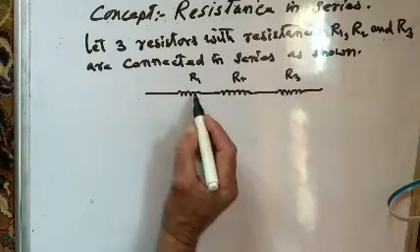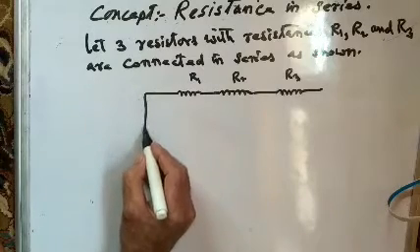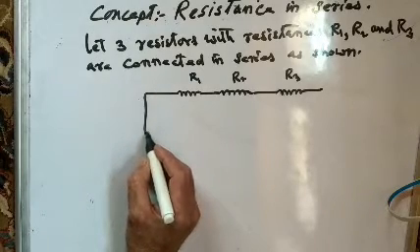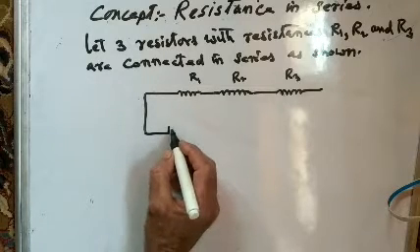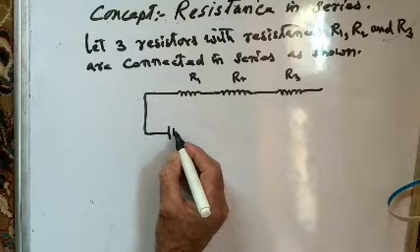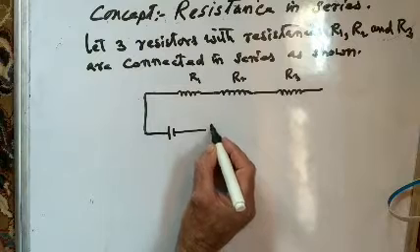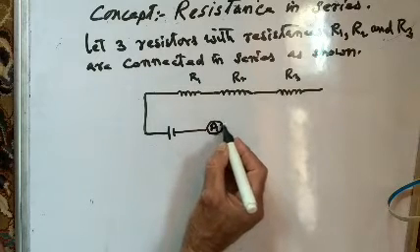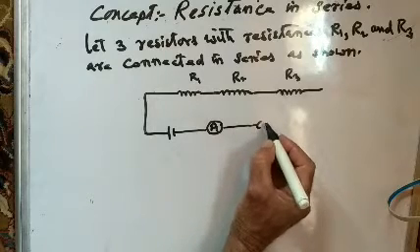Since they are connected end to end so that the same current flows through them, we say they are in series. Positive, negative, let this be the battery. Here we use the emitter. Here we will use the key.